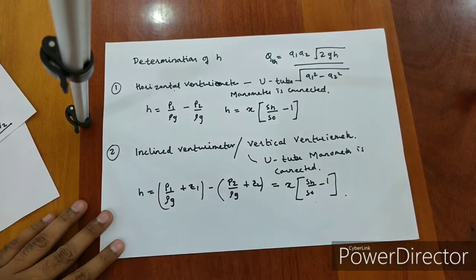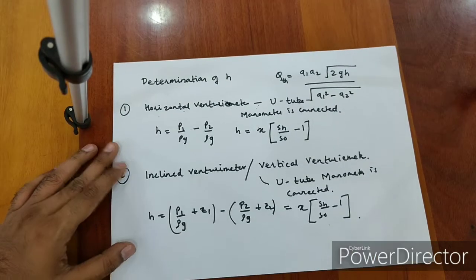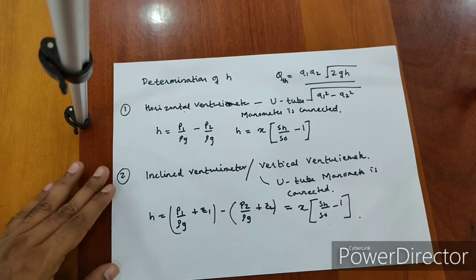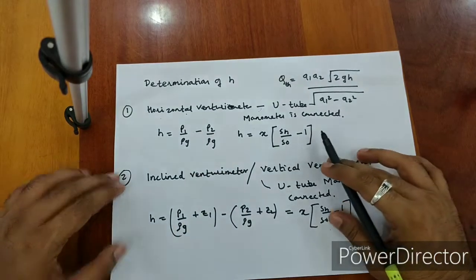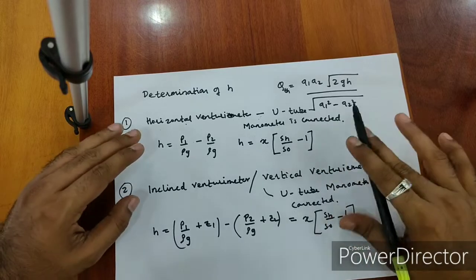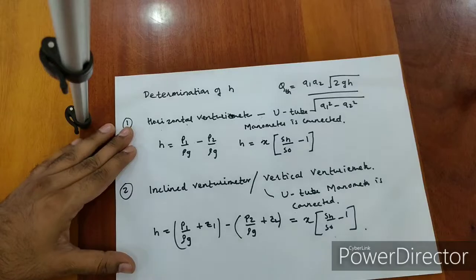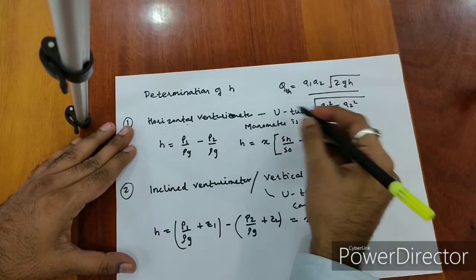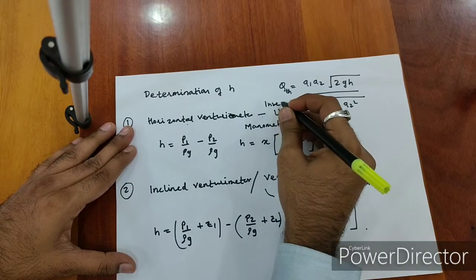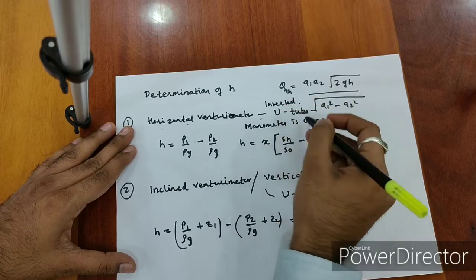In the third condition, an inverted U-tube manometer is connected, not a U-tube manometer.